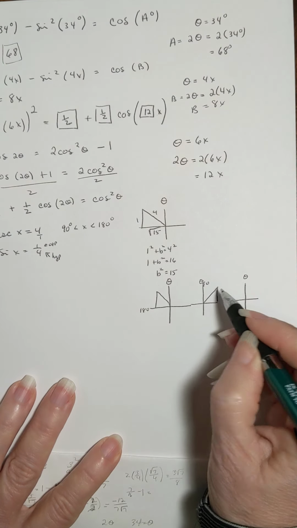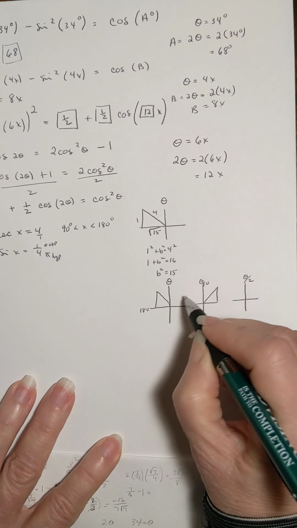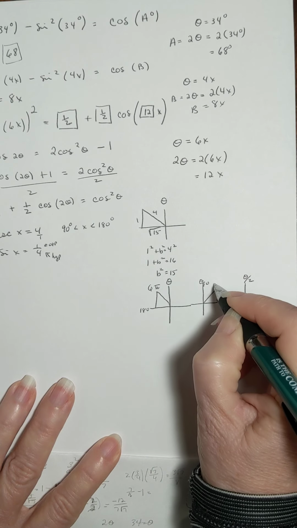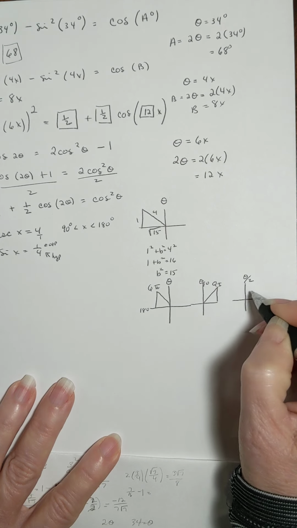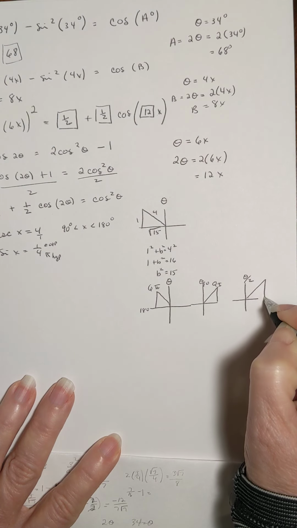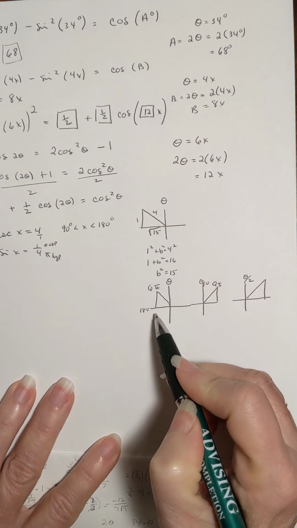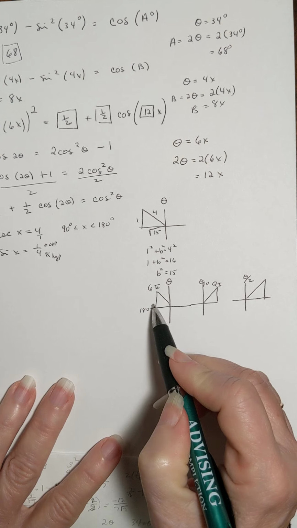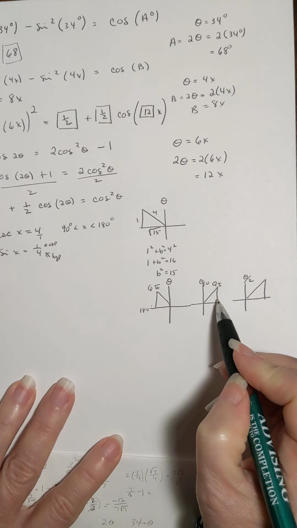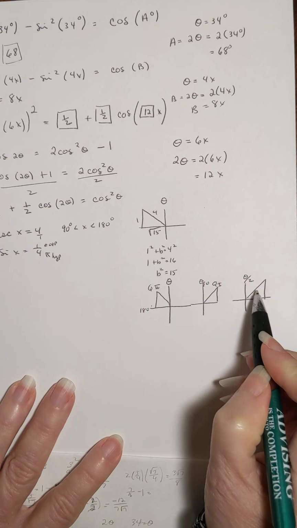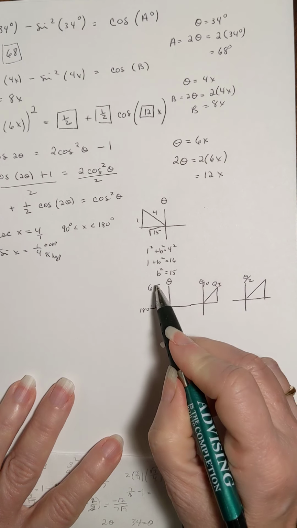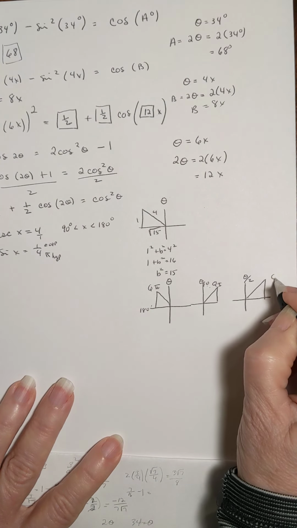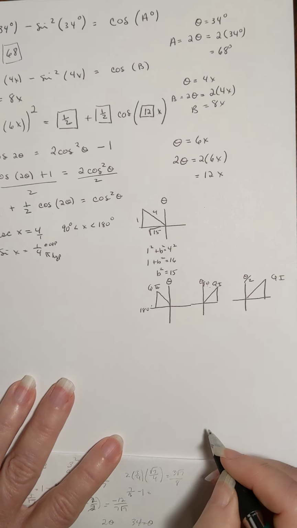So when theta is in either Q2 or Q1, so if theta is between 0 and 180, then I know that theta over 2 will be between 0 and 90. So the first and second quadrant, when you take the half angle, come into quadrant 1.